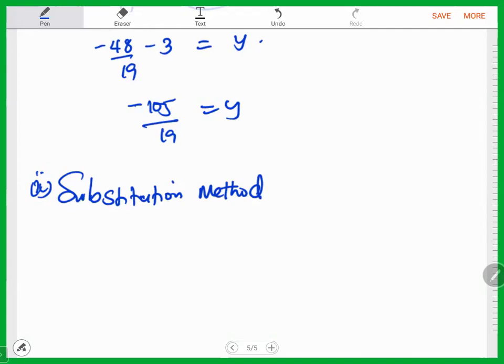Given two equations, we can always do that. We get one of the equations, make a variable the subject, and then substitute in the other without necessarily eliminating.